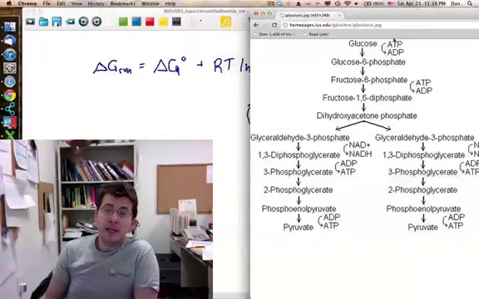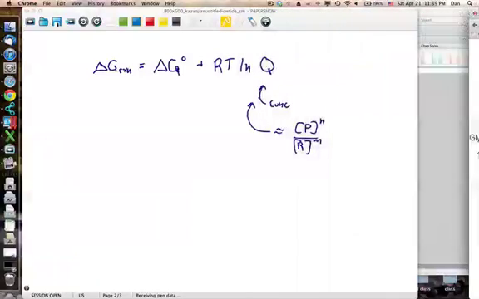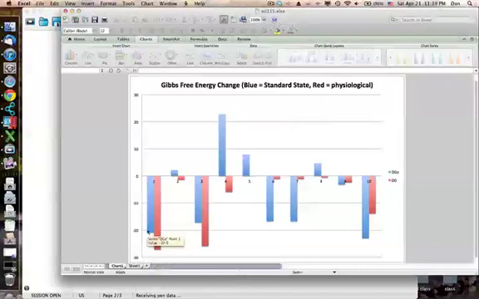It's a 10-step pathway, and each of these steps has its inherent Gibbs free energy. If we take a look at another graphic, we can see this Gibbs free energy documented, where the blue would represent the individual Gibbs free energy under standard states. We see that a number of the steps are highly energetic under standard state conditions, these blue labels.